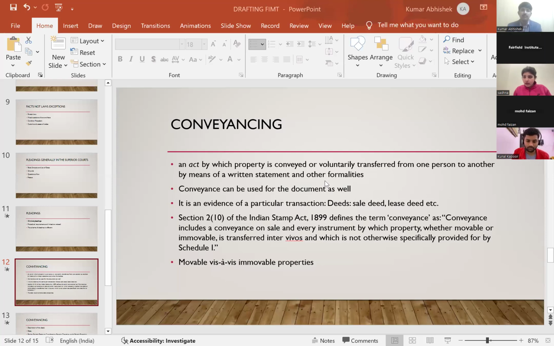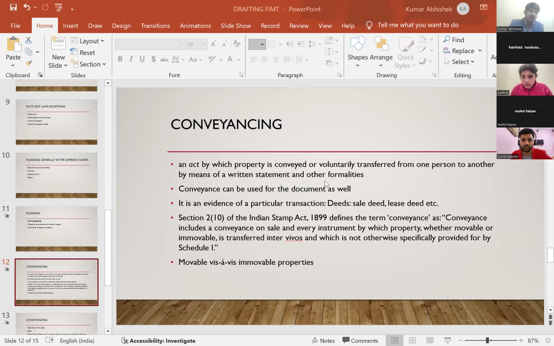If we refer to Section 2, Clause 10 of the Indian Stamp Act 1899, it has defined the term conveyance as: conveyance includes. So it is an inclusive definition. Conveyance includes a conveyance on sale and every instrument by which property, whether movable or immovable, is transferred inter vivos, and which is not otherwise specifically provided for in Schedule 1.